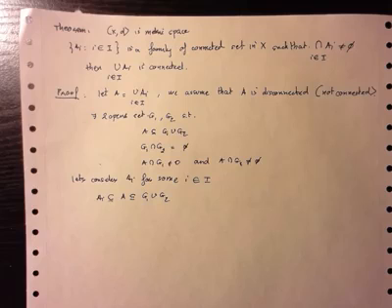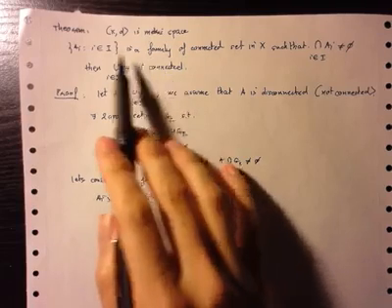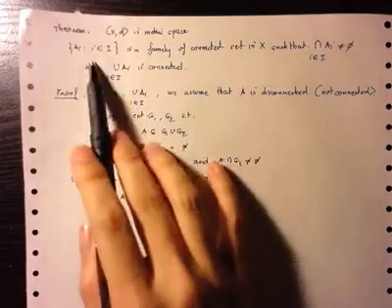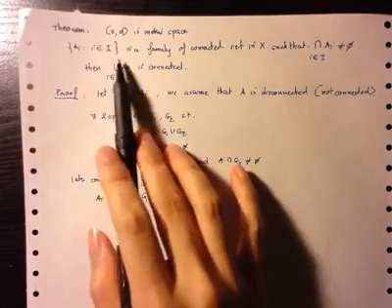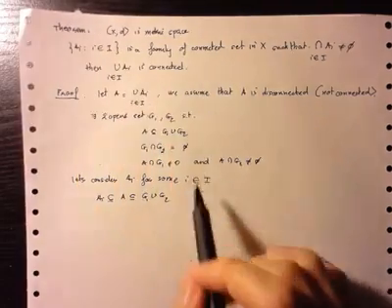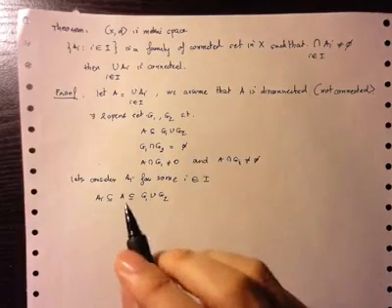Let's see. A sub i is a family of connected sets, so each A sub i, for some i belonging to capital I, is a connected set, right?